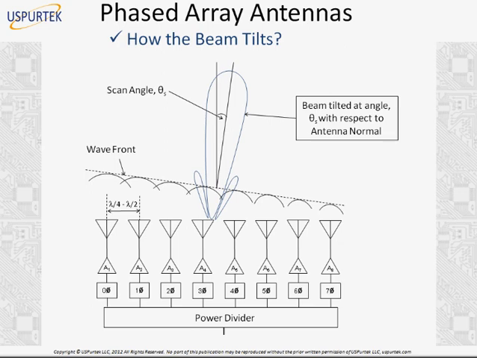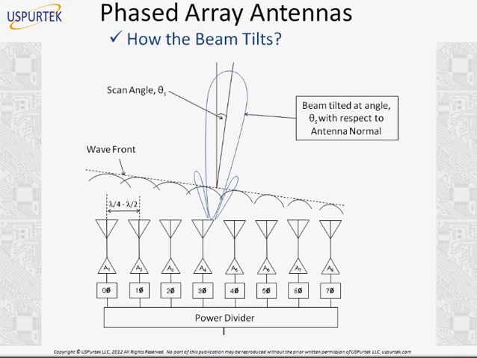So naturally, as the RF, the EM waves transmit, you will find a tilt in the beam that is transmitted, and the beam tilts by an angle theta s, which is called the scan angle. So by using this complex network of phase tapering and amplitude tapering, you achieve the steering of the beam. By changing what phase difference you apply the signal to each element, you tilt the beam in the desired direction.